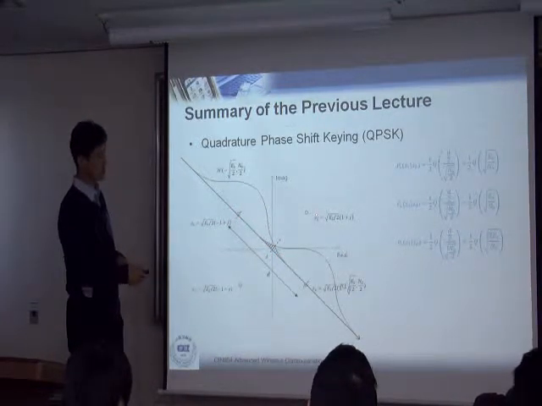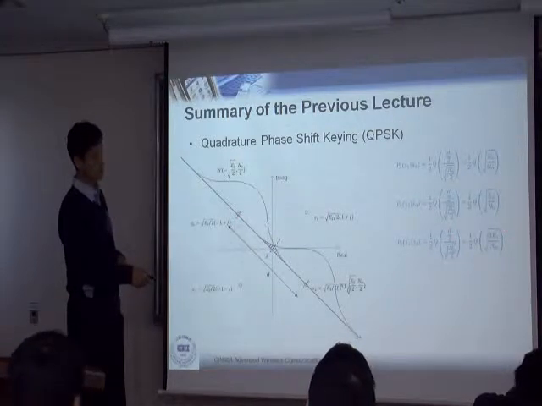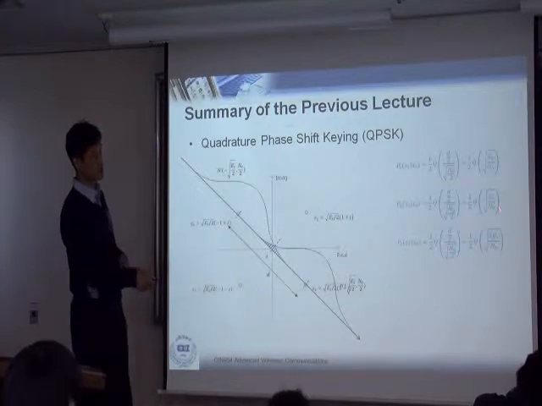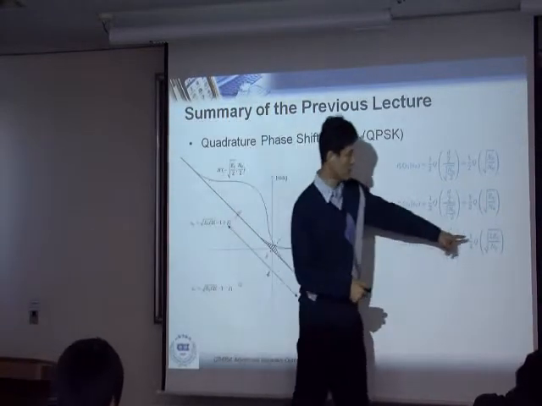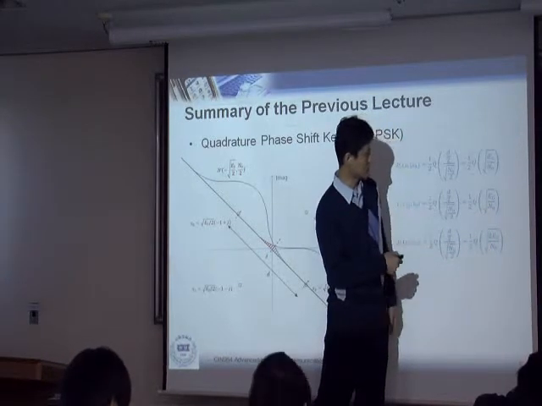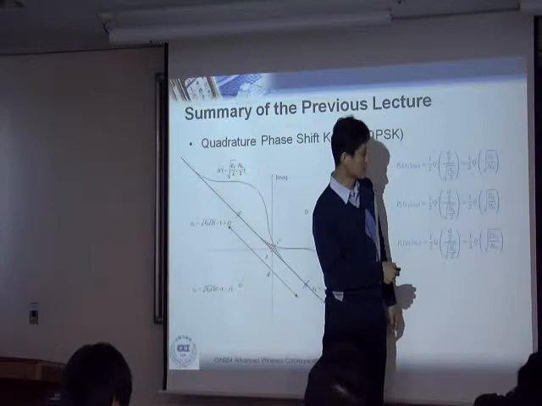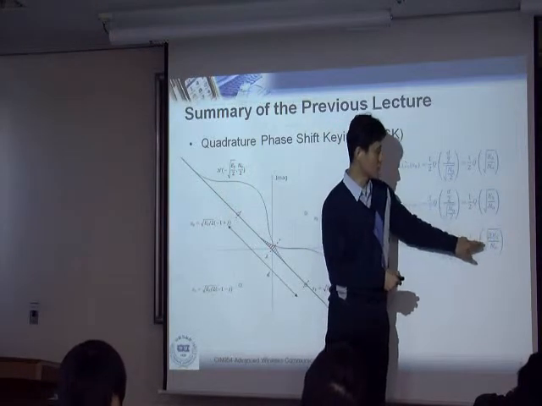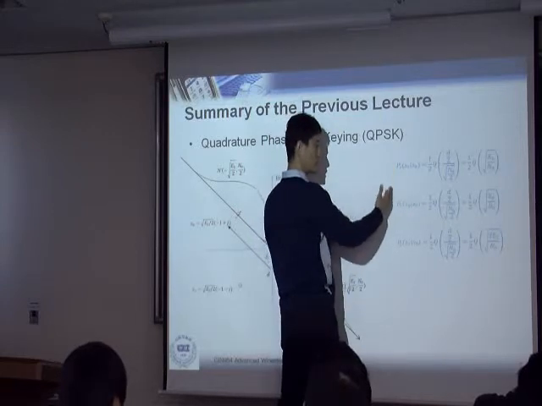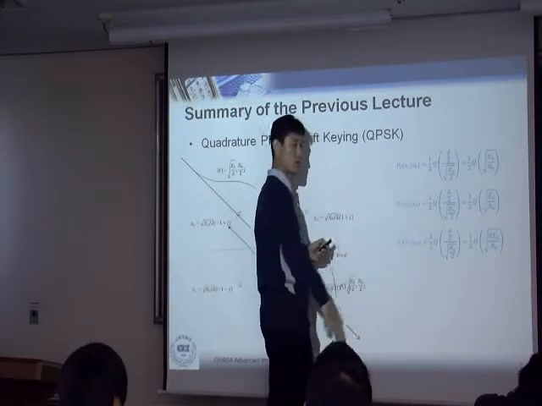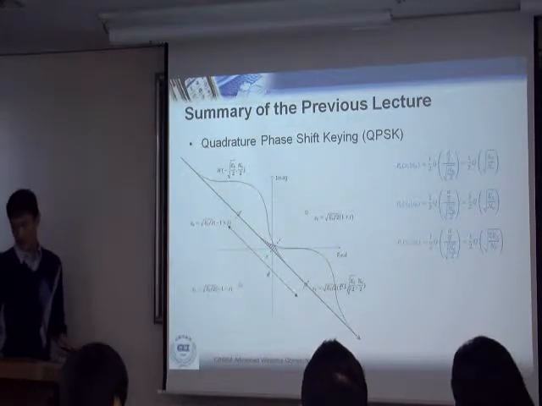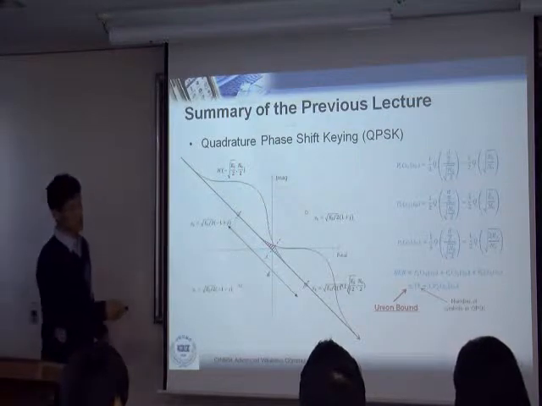It's larger than the previous D. Therefore, this error is a little bit lower than the previous 2. How can you see that? You have 2 ES, whereas the previous case is ES. When you have 2 ES, the value inside the Q function is a little bit larger. That means in the Q function, the threshold goes further to the right. So the area for error is lower. So you consider that.